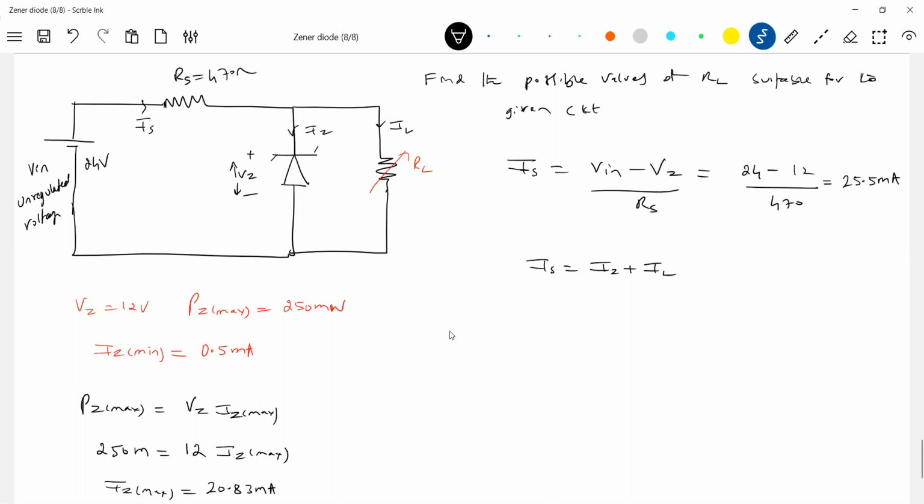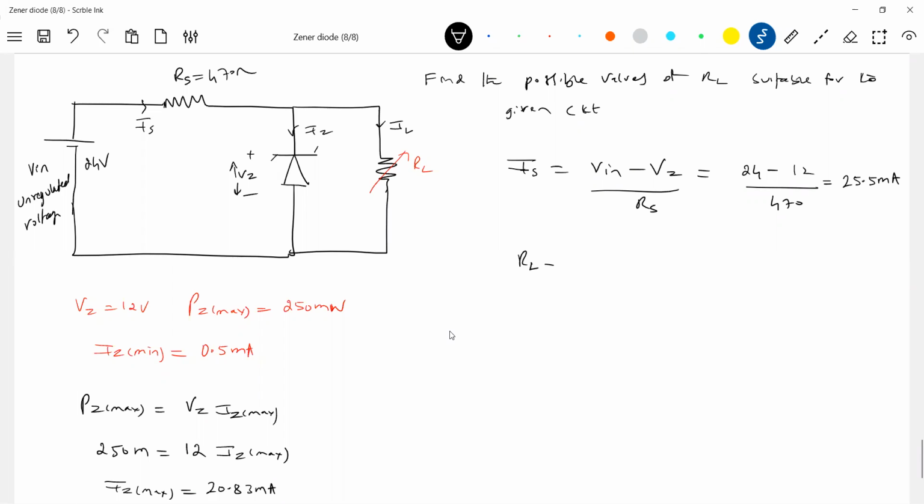Let's come to this one. The IS is fixed here. If I choose IZ maximum or minimum, I think that will decide, no? What about IL? As RL varies, IL also varies, you know. So how to bring that RL max, RL minimum? I think on the other side, first we'll get into RL. So what is RL?